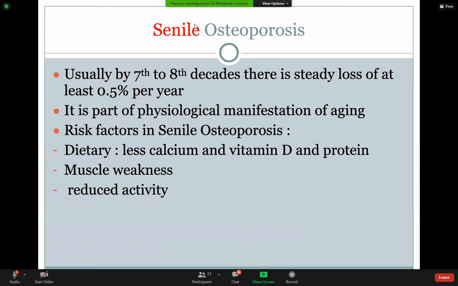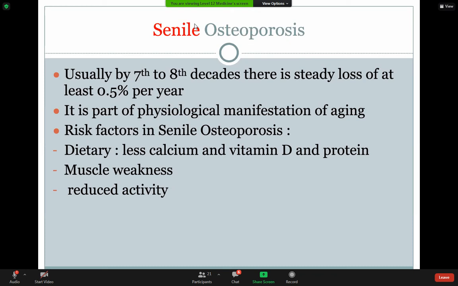So senile osteoporosis, usually by the 7th to 8th decades, so when the patient is in their 60s or 70s, there is a steady loss of at least 0.5% per year. It's part of the physiological manifestation of aging. Risk factors include dietary, so less calcium and vitamin D and protein, muscle weakness, and reduced activity.